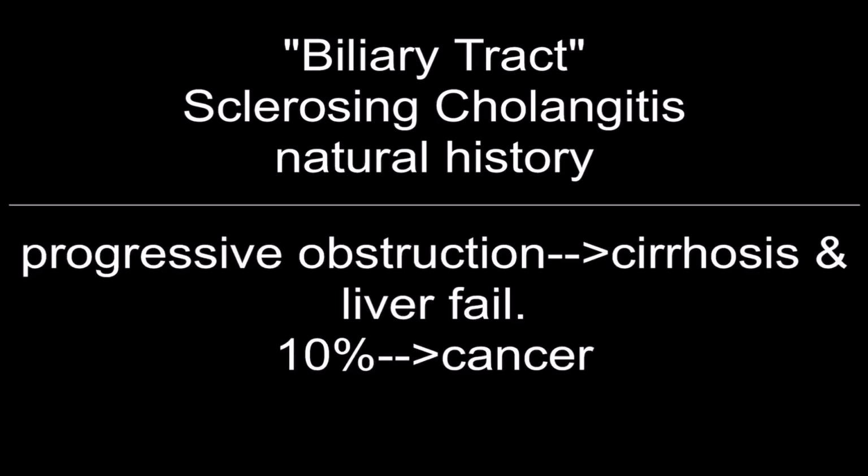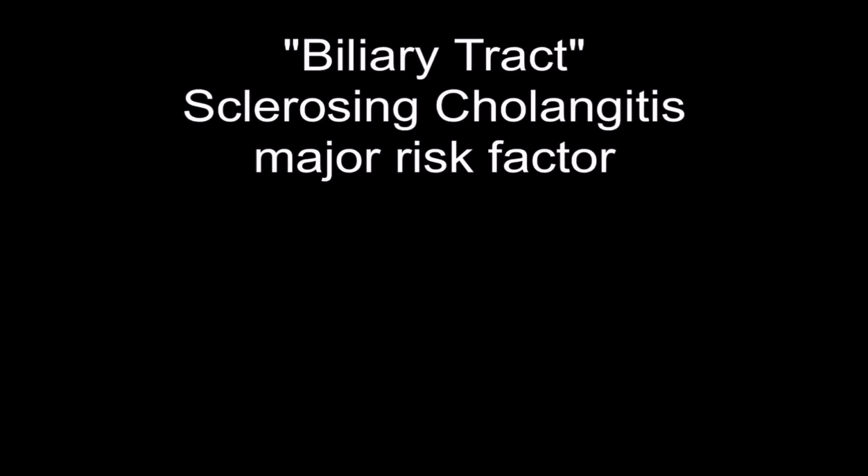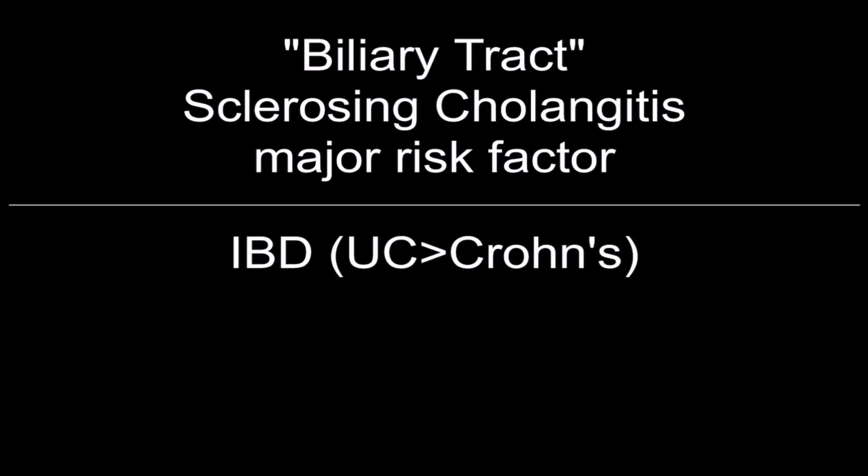Sclerosing cholangitis natural history. Progressive obstruction leading to cirrhosis and liver failure. 10% of the time it can develop into cancer. Sclerosing cholangitis major risk factor. IBD, more so in ulcerative colitis than Crohn's disease.